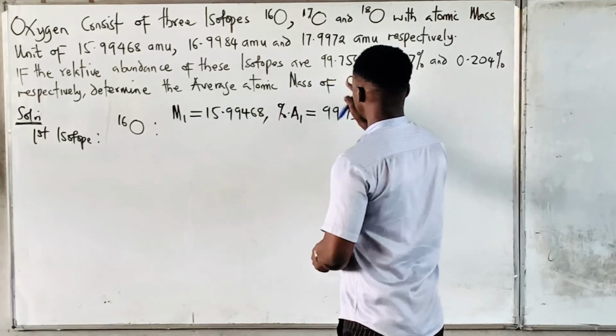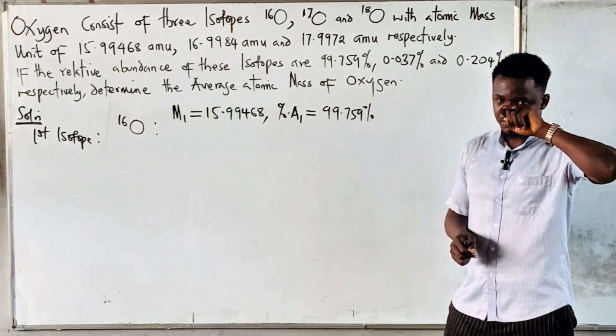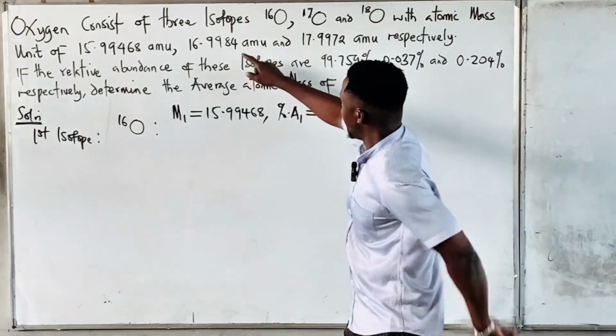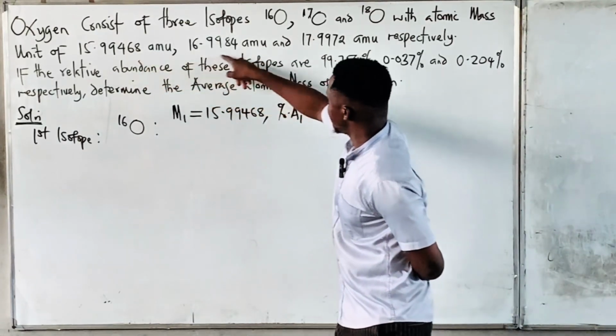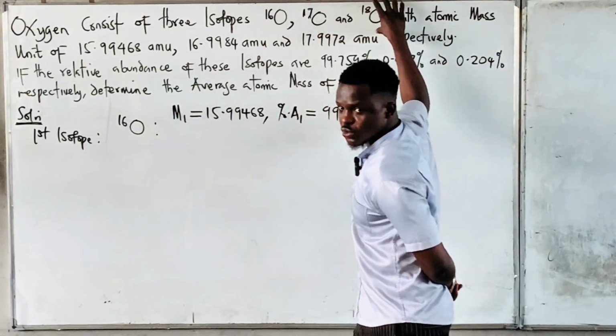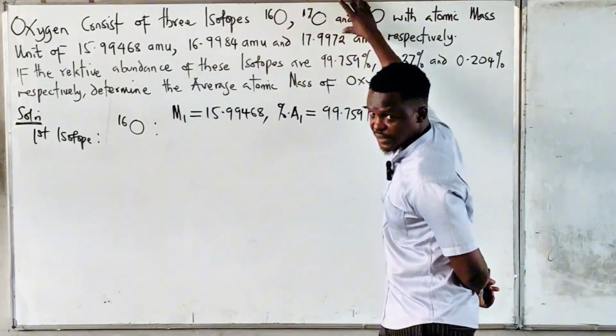I believe you understand what this respectively means, right? It means that these values are according to each as they appear. The first one is for the first one, the second one is for the second one.